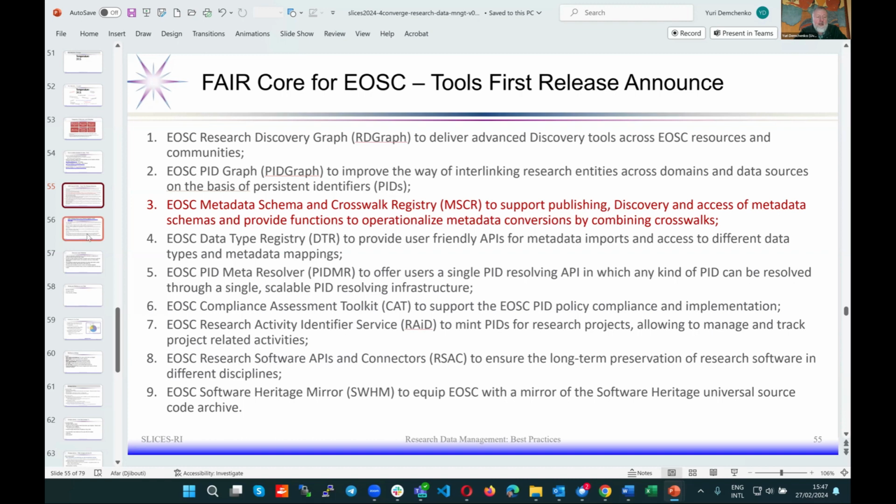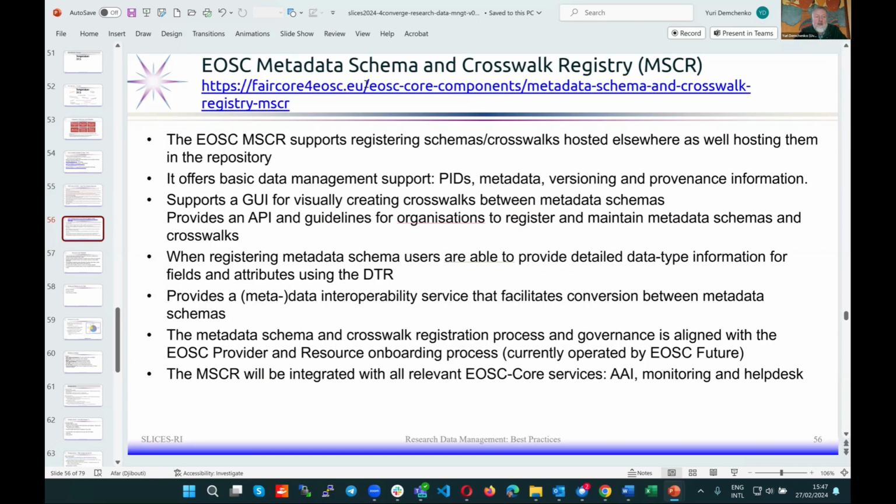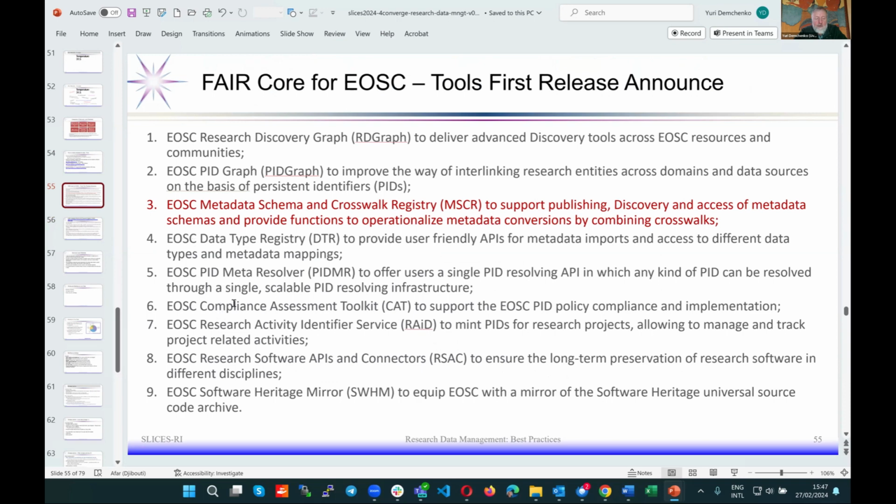What we are trying to use in SLICES is a metadata schema and crosswalk registry. They also have an open call for implementers of these tools, or some of them. If the project asks EOSC, they may include you with very small funding just to support implementation of these tools in your project.